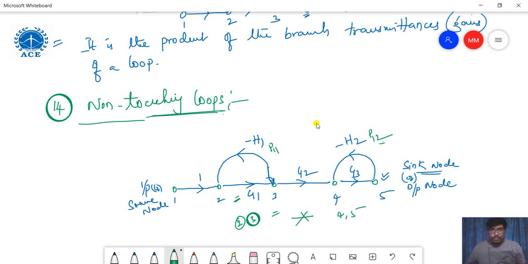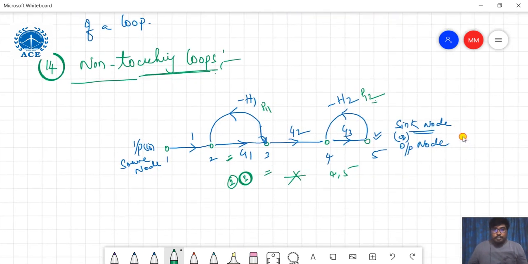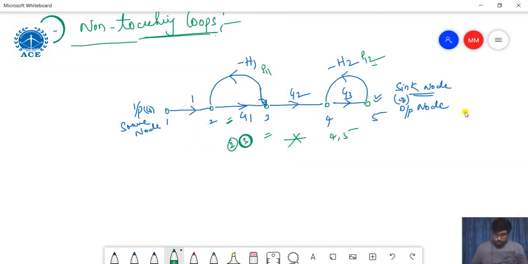So we'll see the definition. You write the definition: if the loops do not have a common node, then they are said to be non-touching loops.